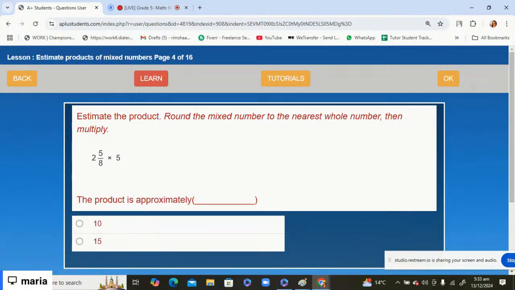Alright, solve this one. Estimate the product and round each mixed number to the nearest whole number and then multiply. 2 into 5 by 8 times 5.